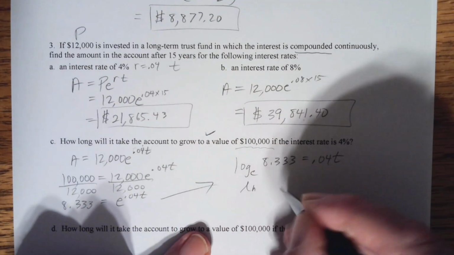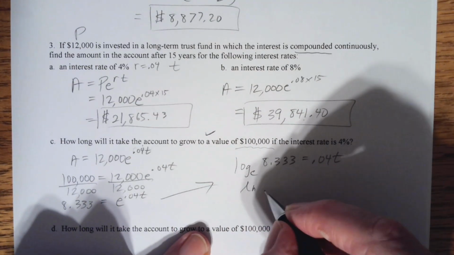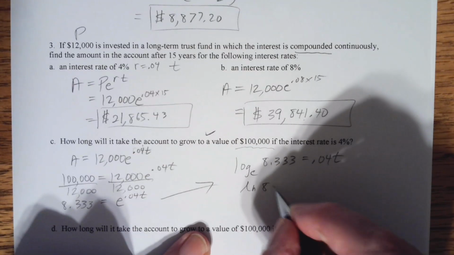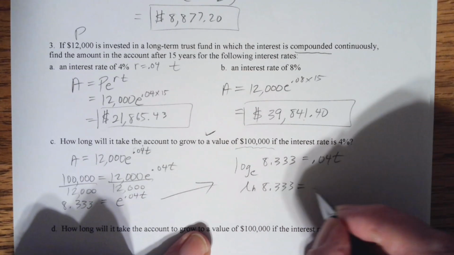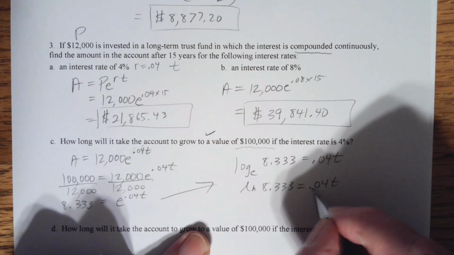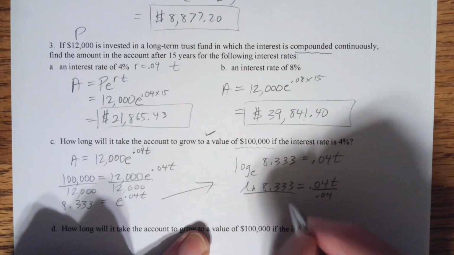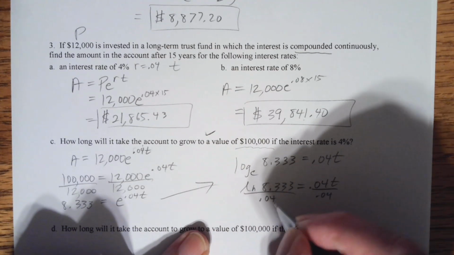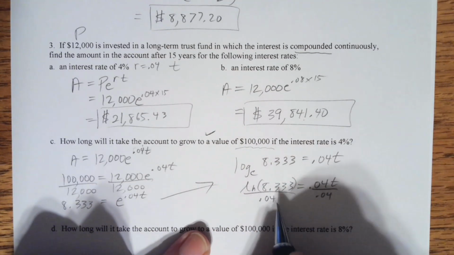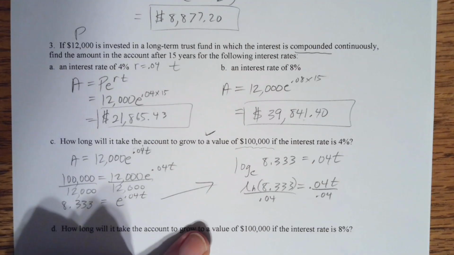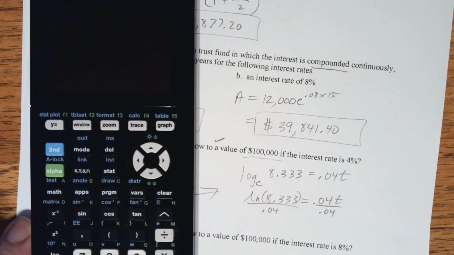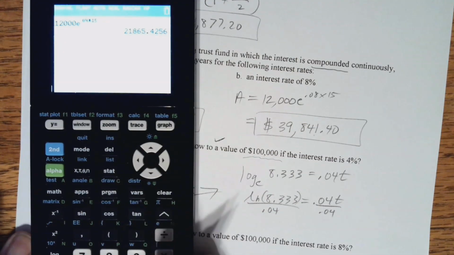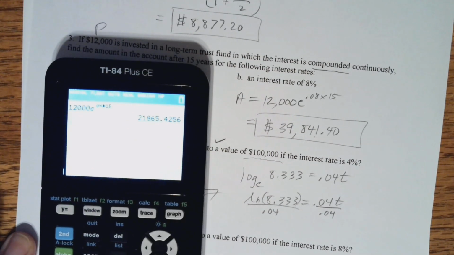Now, we don't write natural logs or base e logs using e. This will be natural log of 8.333 equals 0.04t, and the only thing left to do is divide by 0.04. The only thing I would encourage you to do is put this number, the 8.333, in parentheses. So let's go ahead and do that. Whoops, not wanting to show very well.